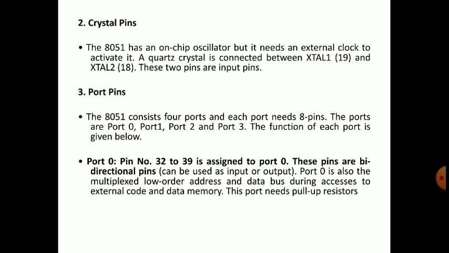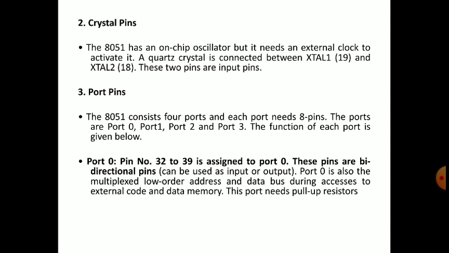Port 0, that is pin numbers 32 to 39, is assigned to port 0. These pins are bidirectional pins. They can be used as both input and output, right? So we can send data from these pins and we can receive data from an external source through these pins. So those are bidirectional pins.